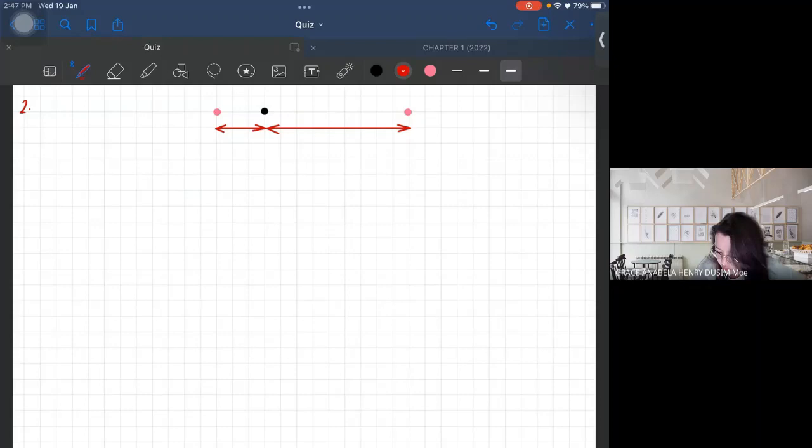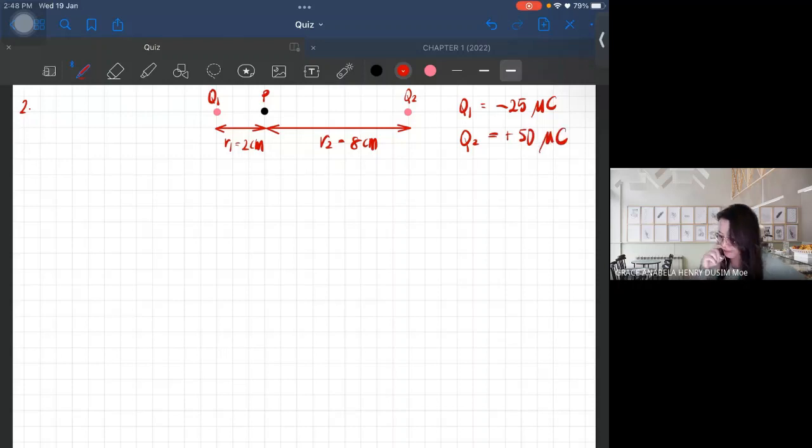So this is R1, which is equal to 2 centimeter, R2 8 centimeter. So this is point P, this is Q1, this is Q2, where Q1 is equal to negative 25 microcoulomb, Q2 is equal to positive 50 microcoulomb.